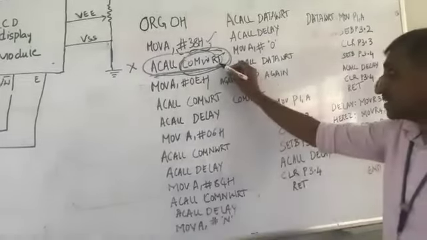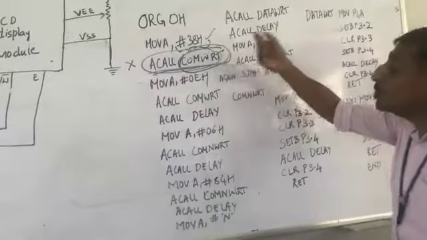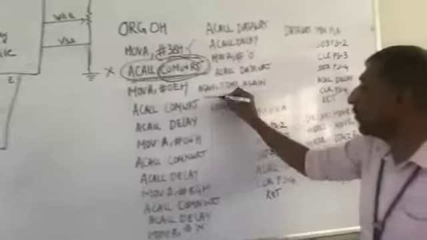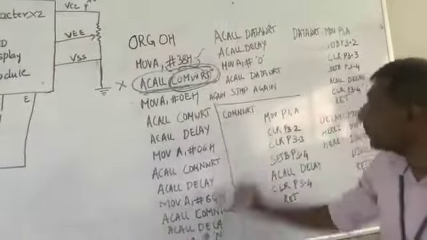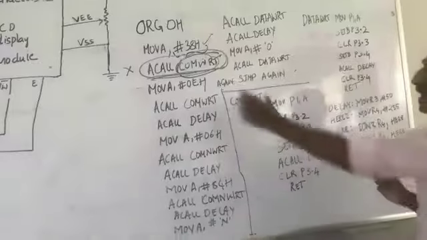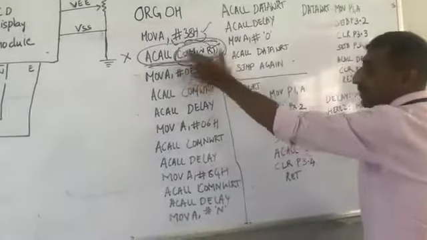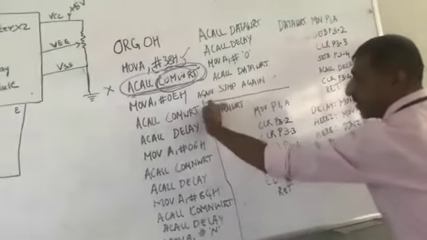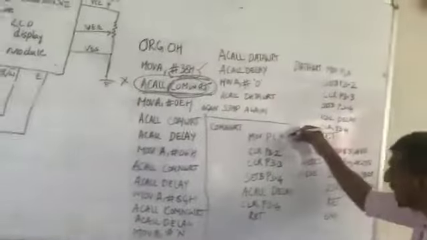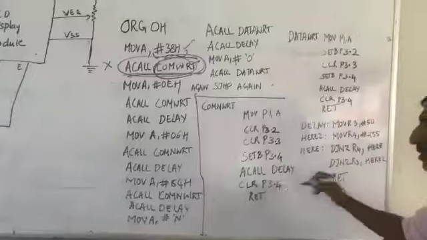COMWRT. This subroutine is written outside the main program. The main program ends here, and subroutines are always written outside the main program, right? So it jumps here and starts executing these instructions.